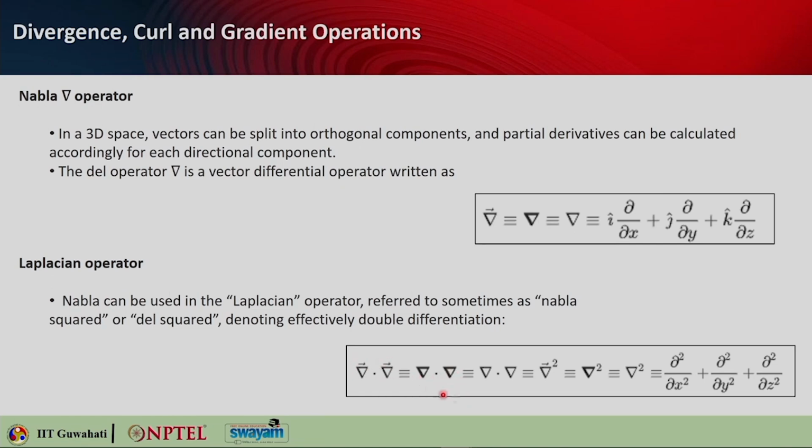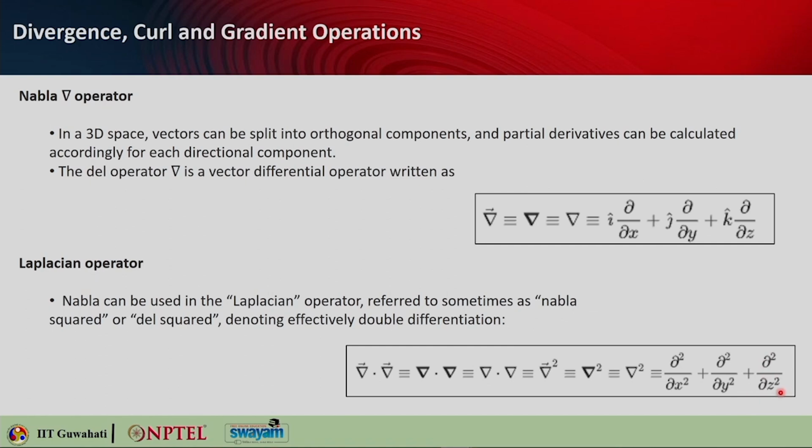Or you can simply write them without, as it is implied that this is a vector. Similarly, the squared form can be written in any of these forms, and it gives you d squared by dx squared plus d squared by dy squared plus d squared by dz squared, whichever way you call it.